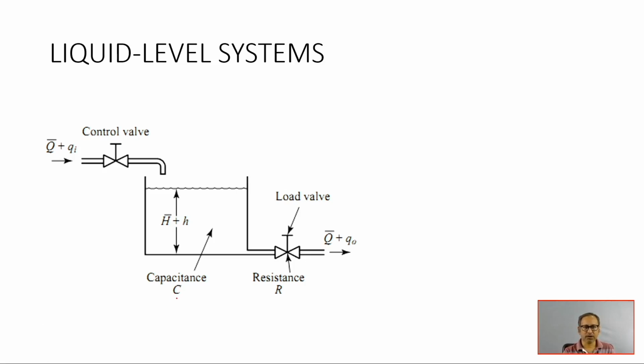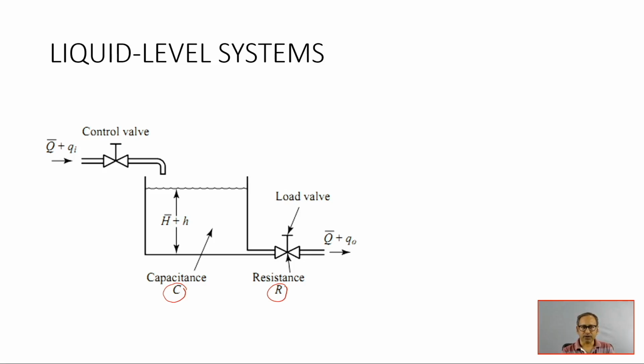This capacitance and resistance will be defined after some time because they are required to describe the dynamic characteristics of this liquid level system. This is the control valve, which is user controlled, so we can control this valve to change the inflow rate of the fluid.